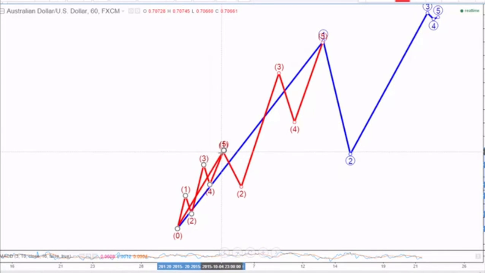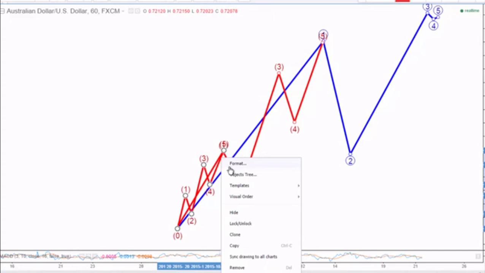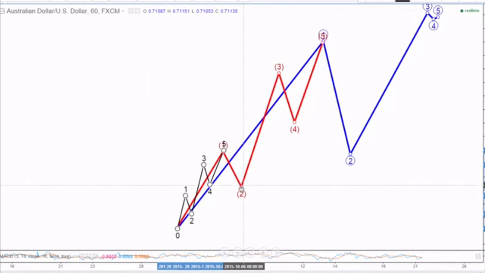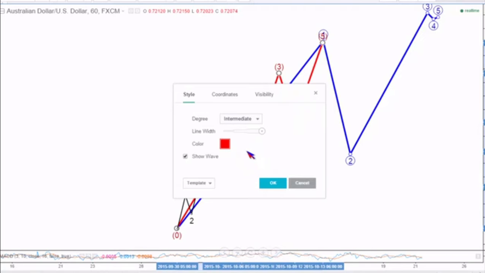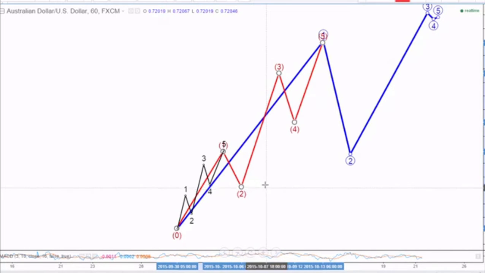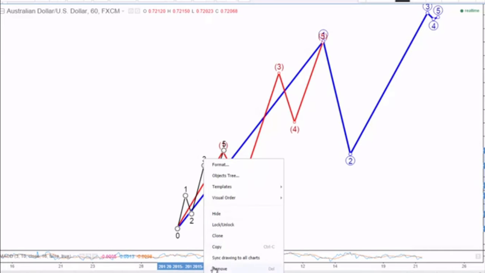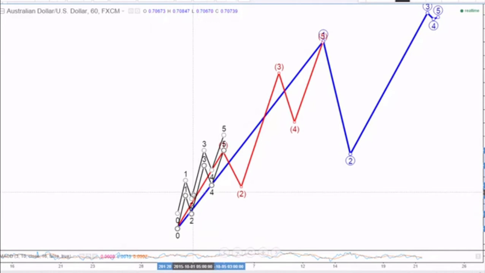Just allow me to fix this. Let me just clone this.